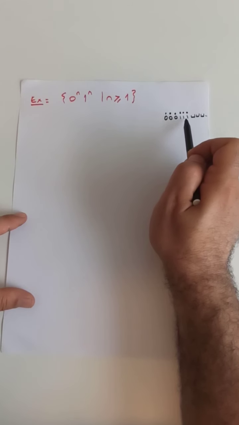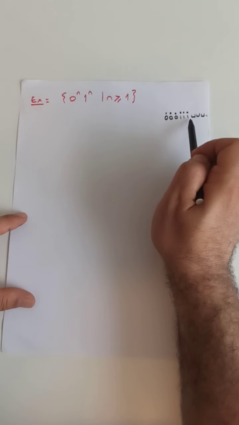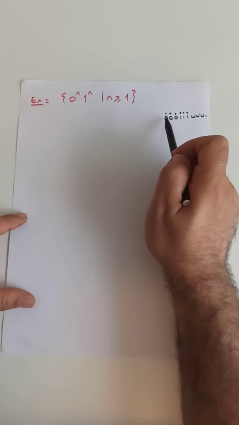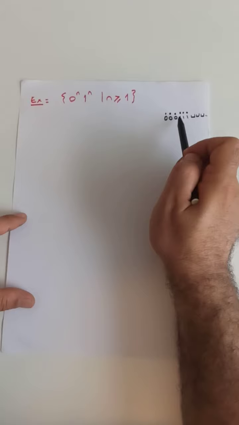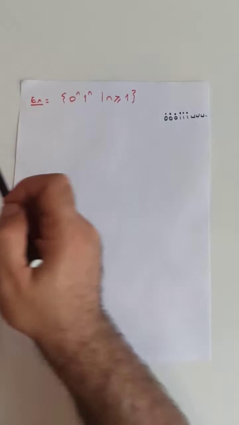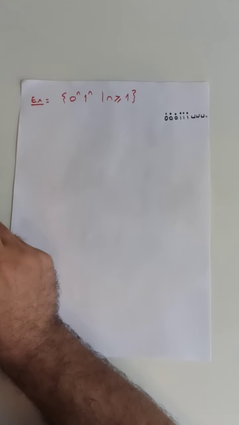In that case, we will keep on moving right until we finish all the marked ones. And at the end, if we encounter a blank symbol, we will know that the number of zeros that we have marked are the same as the number of ones. Informally, this is what our Turing machine should do.